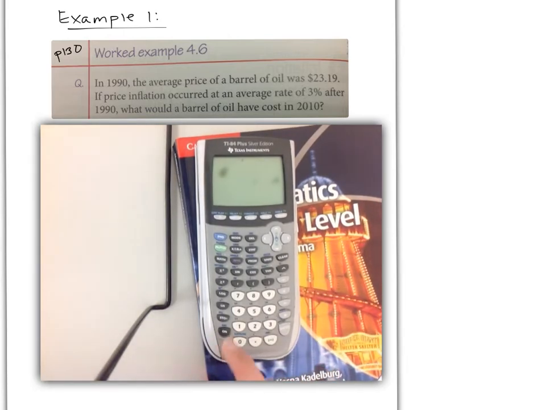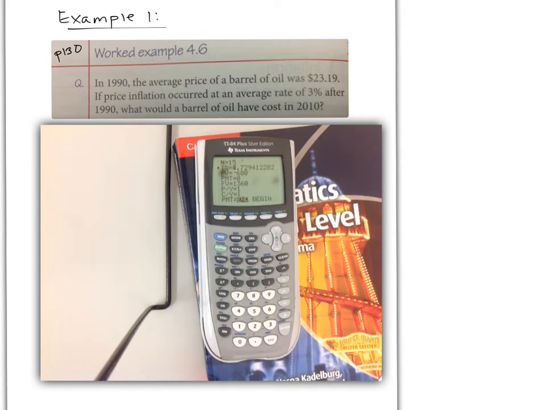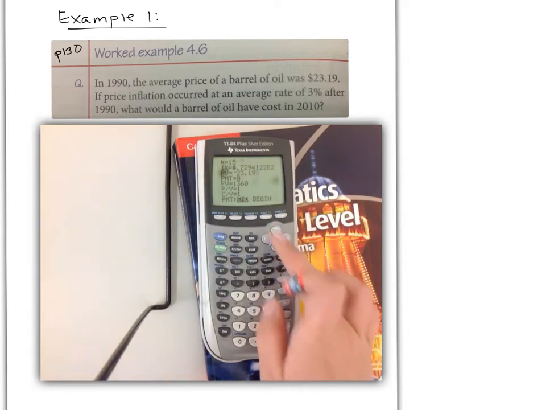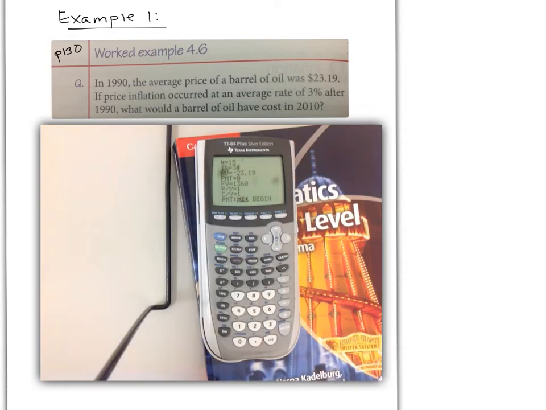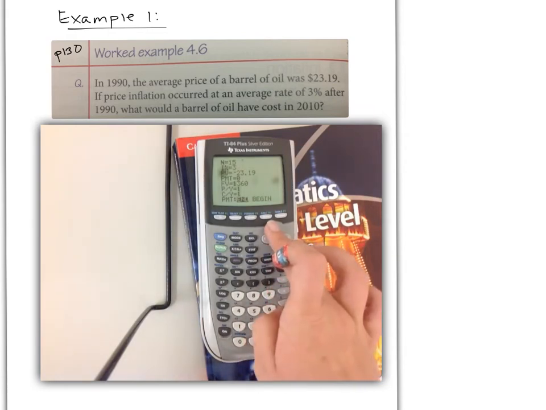In order to do this on our graphing calculator, we're going to open our finance package. $23.19 is the price in 1990, so that would be what we call the present value. Don't forget to make it a negative. So $23.19. The inflation rate is an average of 3%, so my percentage is 3. Compounding periods per year is going to be 1, okay?